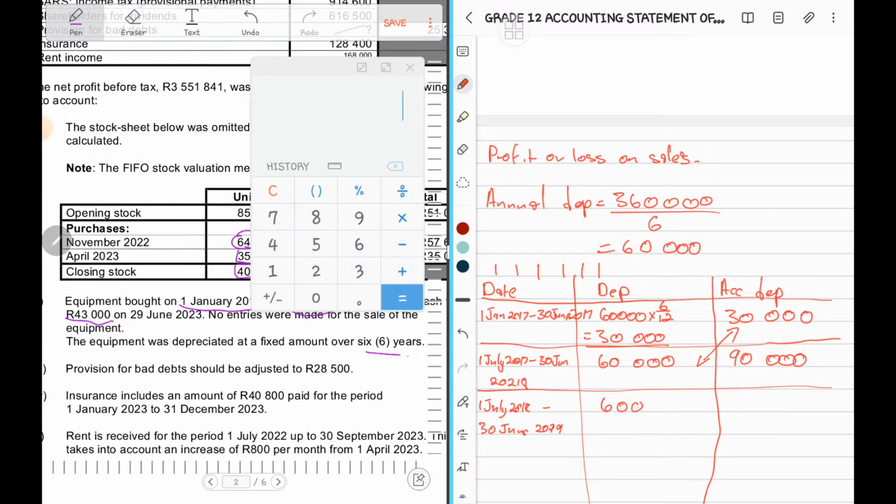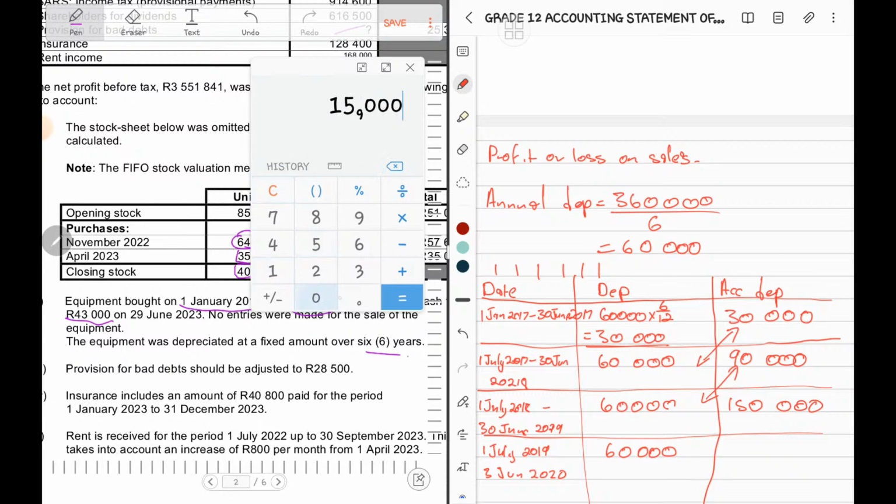So it will be 60,000, and again 90,000 plus 60,000 gives us 150,000. Then the following year will be 1st July 2019 up until 30 June 2020, and it will still be 60,000, the annual depreciation. So this time around it's 150,000 plus 60,000, that gives us 210,000.